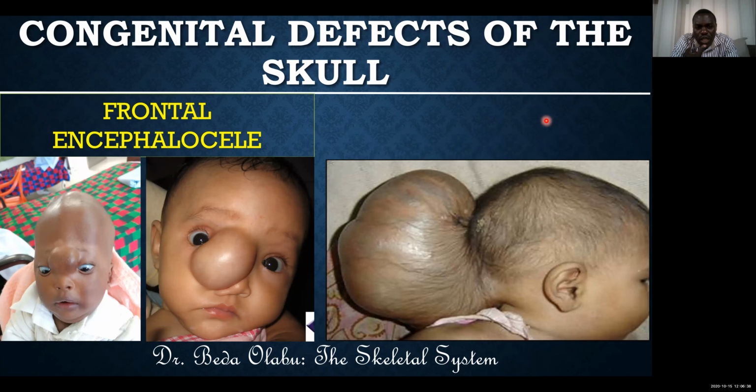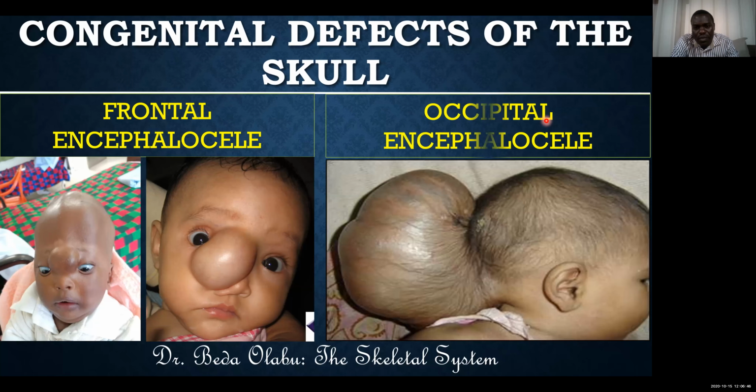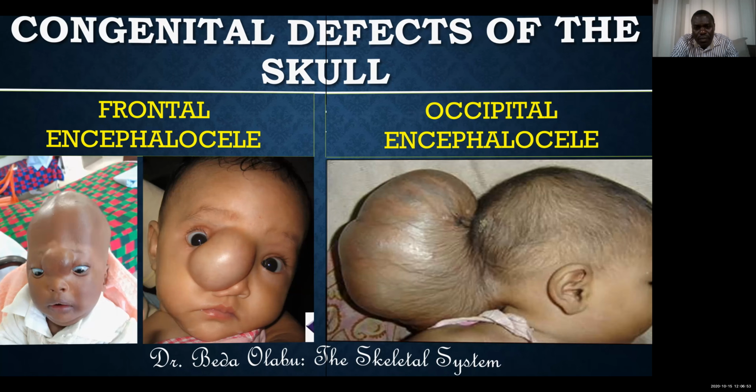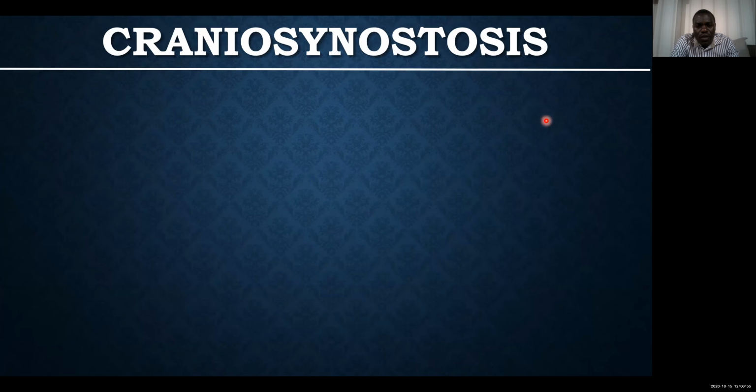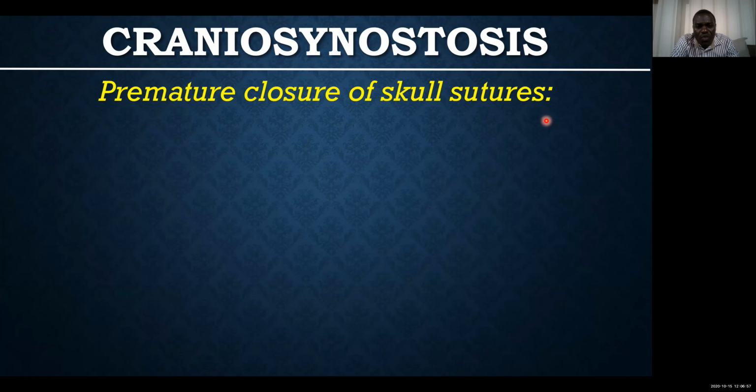I had mentioned to you the concept of encephalocele. If it happens in the frontal side, you call it frontoencephalocele. If it happens posteriorly, then you call it occipital encephalocele. You can also have abnormalities of premature closure of the skull sutures.